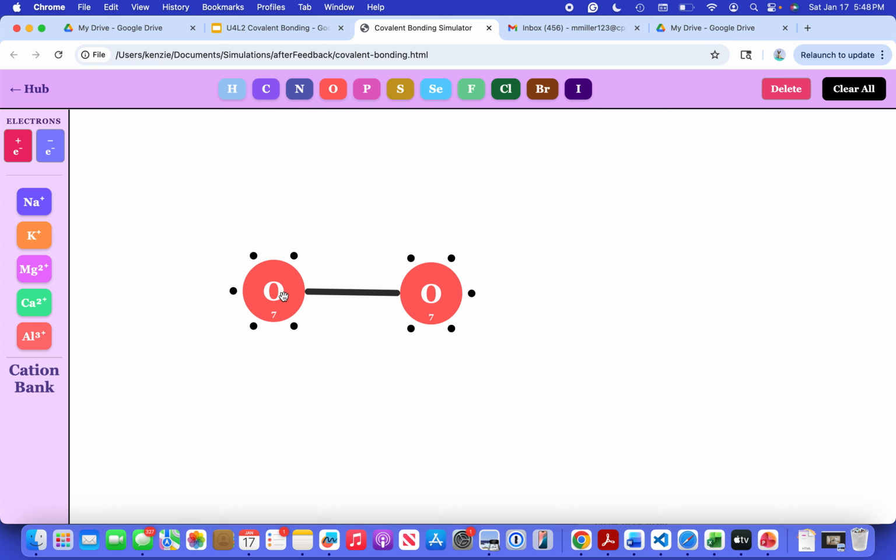So each of these oxygen atoms has 5 electrons around it, plus 2 electrons in the bond, and that gets us to 7. But we're still not quite satisfied yet, because ideally we want 8 electrons, not 7. So let's make another bond. And look at that. Now we have 2 very happy oxygen molecules.